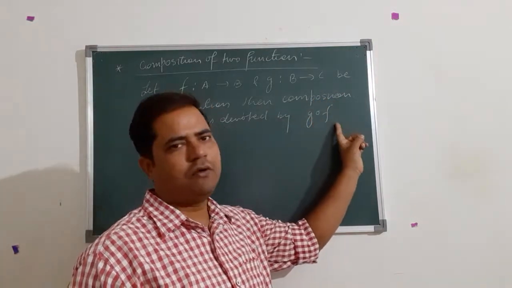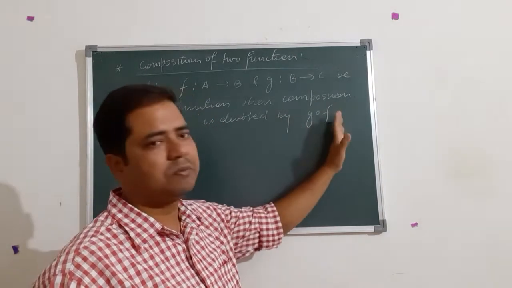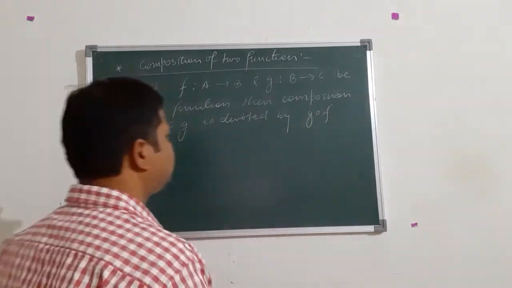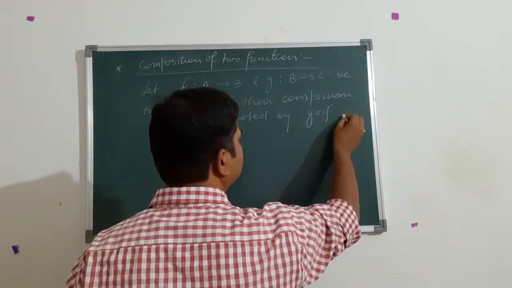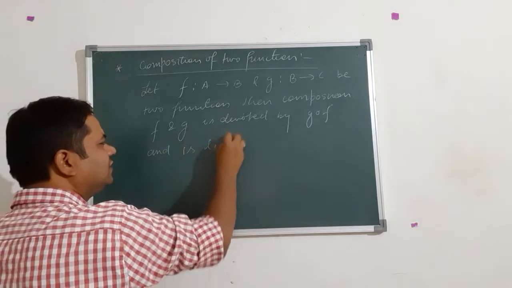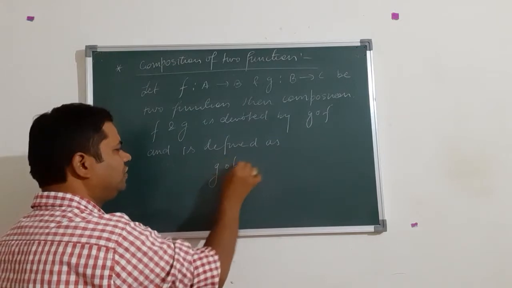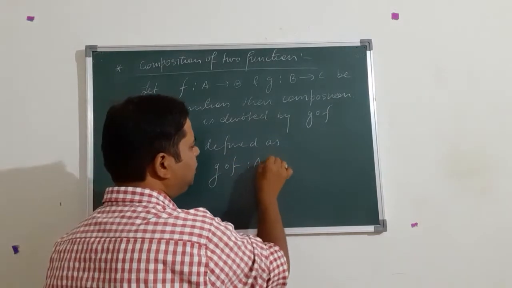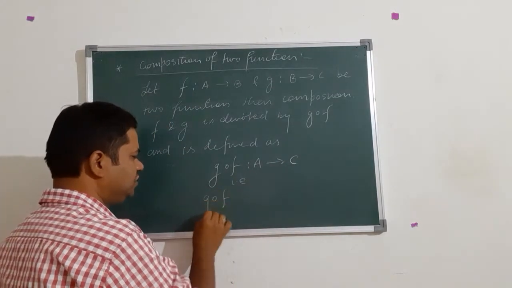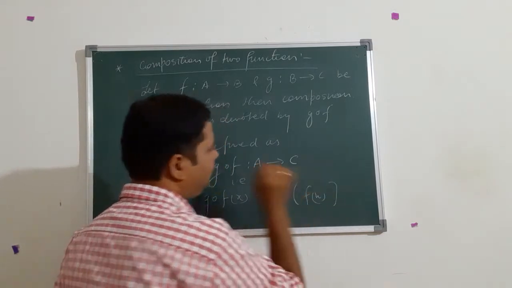This is written g of f, but in composition we always write from the back side, that is f composition g, and it is defined as f composition g from A to C. That is, f composition g of x is nothing but g of f of x.